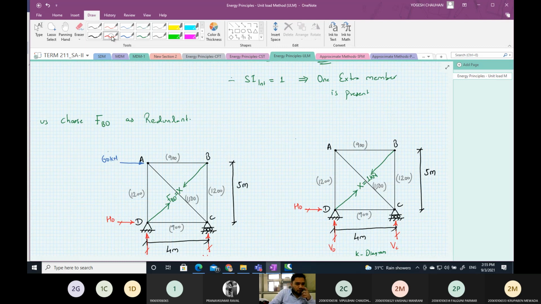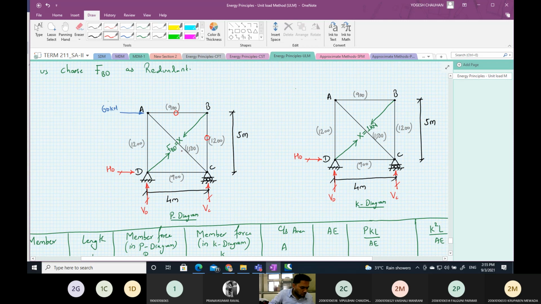If you solve this, you will get null force in this member, null force in this member. This will be 0 because this member is removed. Let us choose tension as positive.